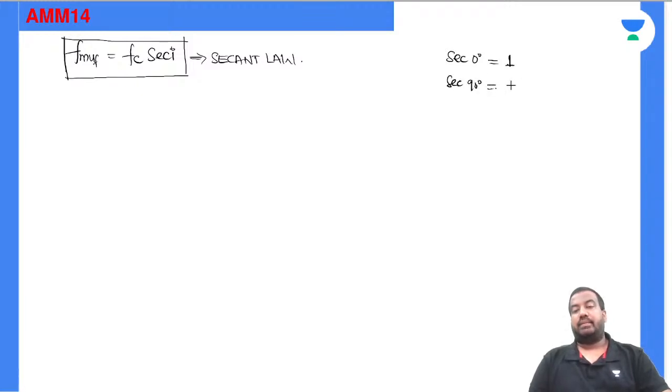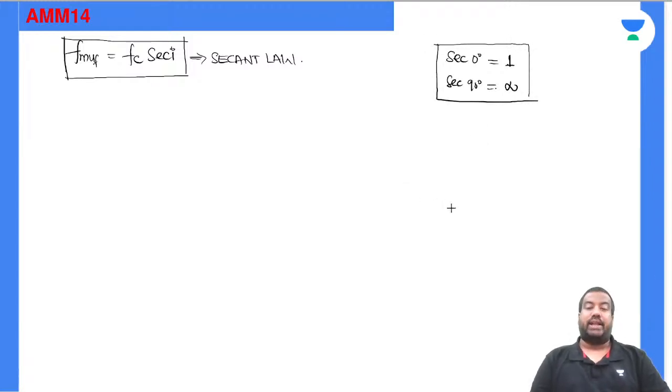Secant 90: cos 90 is 0, so secant 90 is infinity. It is very clear that for whatever incident angle is possible, 0 to 90, the value of secant will be from 1 to infinity, always greater than or equal to 1.